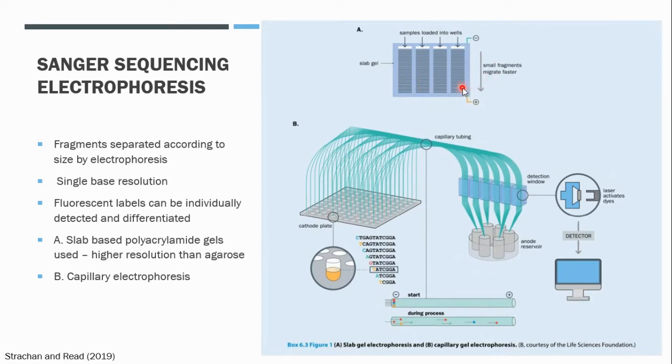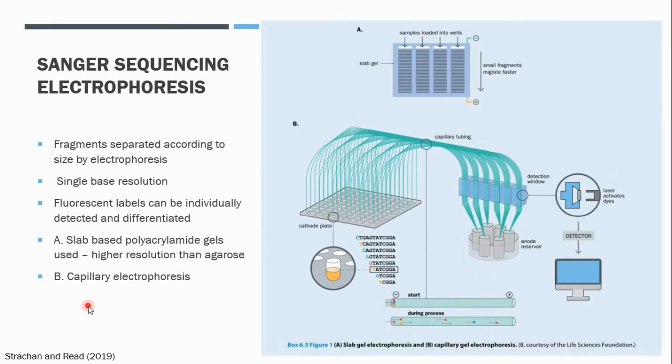Each of these little bands will have a fluorescent signal depending on the color or the nucleotide that was incorporated at that position. And since we have one base pair resolution, each fluorescent signal at each band will indicate which base was present at that location.